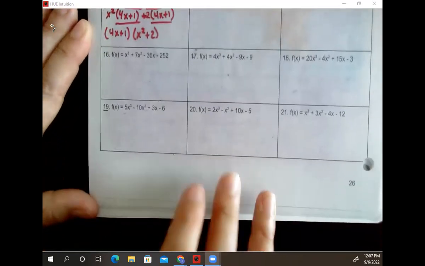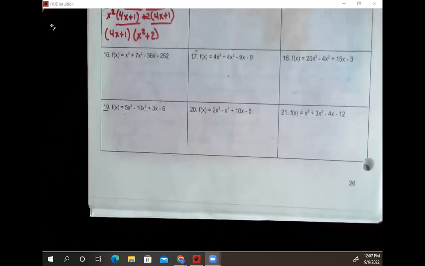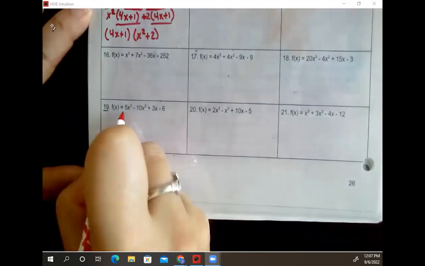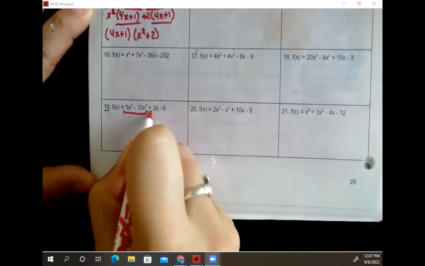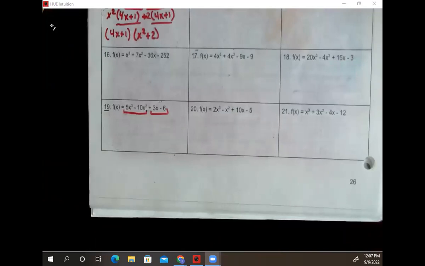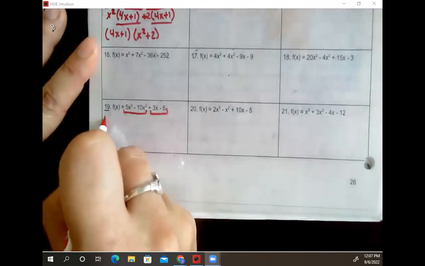One more I want to take a look at together for today. Number 19 in that bottom row on page 26. Is there a GCF here? Nope. So since it's in 4 terms, we're going to split it up into groups, and I need to know the GCF for my first group. Five x squared.